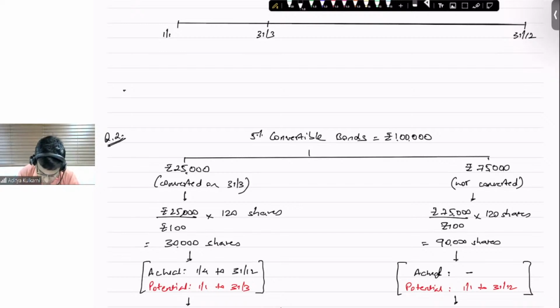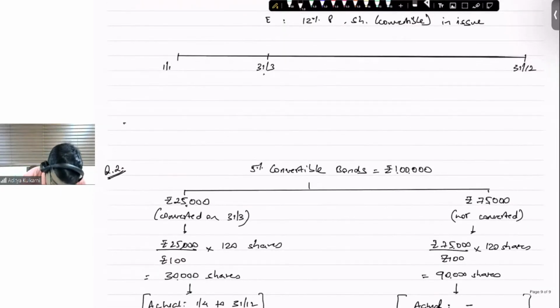So now the conversion has happened in this period on 31st of March. That means I'm having 2 categories of shares. The first one is 30,000 shares. The next one is 90,000 shares.